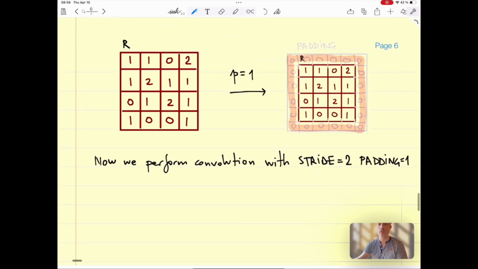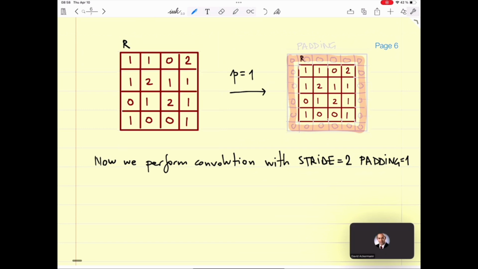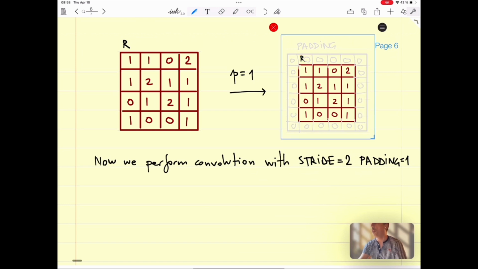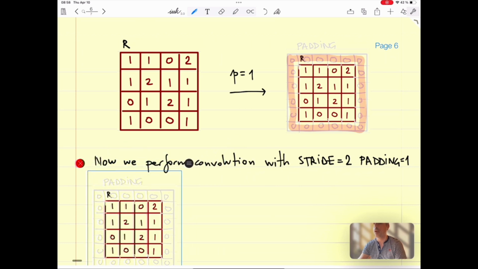Okay, so now stride is going to be 2. All right, so let's get the domain. I want you to see the example with stride number 2. I want you to see many examples, so I do the stride number 2 now.